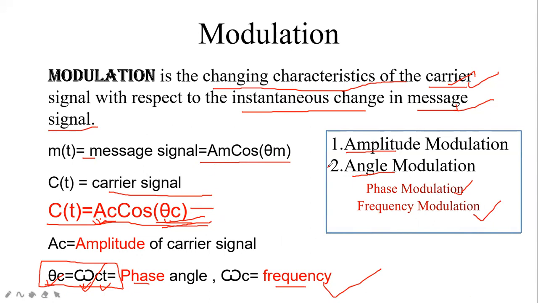So basically we have two types of modulation: amplitude modulation and angle modulation. Under angle modulation, there are two types: phase modulation and frequency modulation. This is the basic concept of modulation techniques.